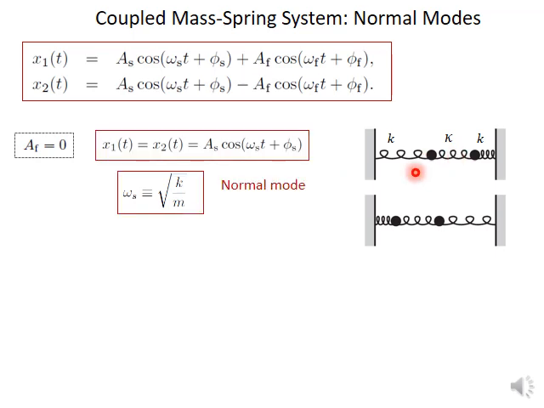These modes, which are collective modes, this omega s, which is given by this, and the amplitudes of the two masses, which are equal, in turn define something which is called a normal mode. So a normal mode is a mode of oscillation which is a mode for the whole system and not for a single mass.